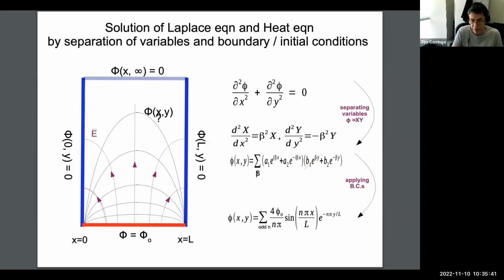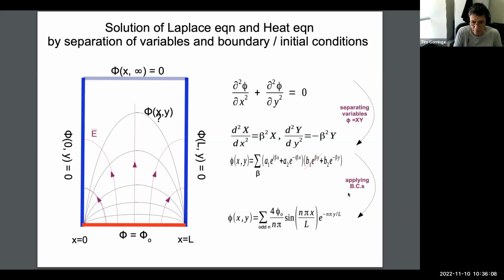And beta could take any value. And then it has a number of other coefficients, A1, A2, B1, B2, which would be determined by your particular problem, which in this general solution just define an enormous infinite set of solutions to that partial differential equation.